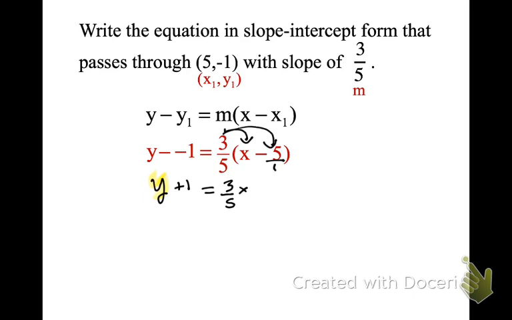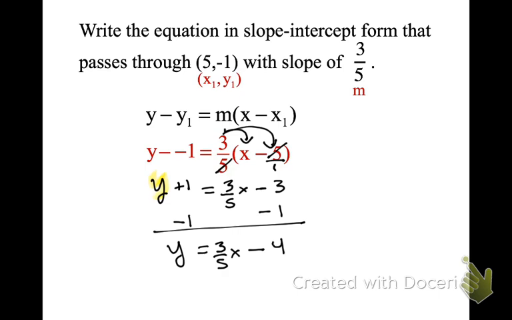And now, notice, this is 5 over 1, so when I distribute, that'll cross cancel. We'll be left with minus 3. What do I do next, Oliver? You subtract 1. Subtracting 1, and we're left with y equals 3/5 x. Negative 3 minus 1 is negative 4. And I stop because now I'm in slope-intercept form.